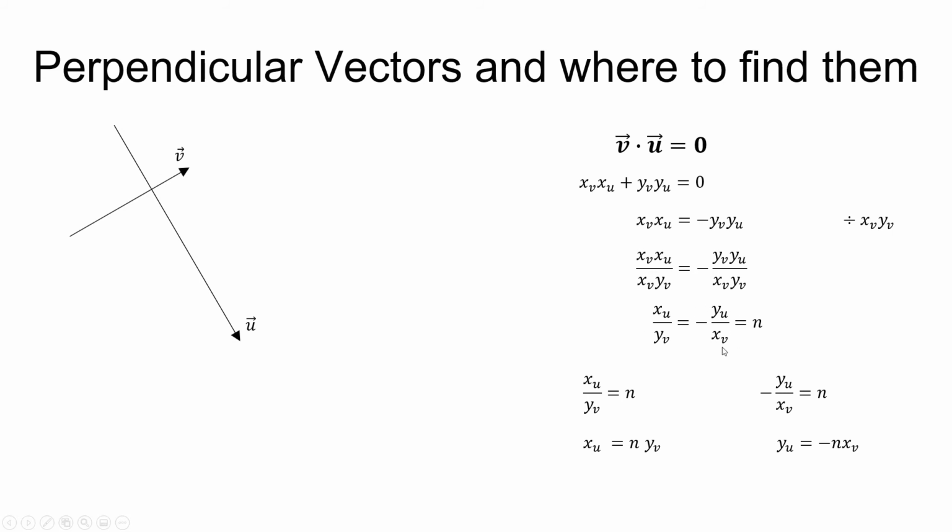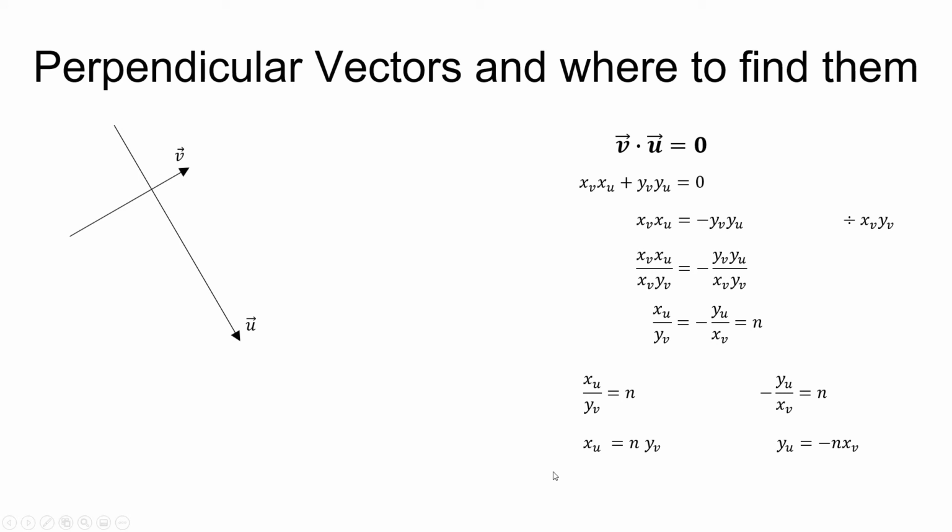At this point we introduce an additional number n, which is the proportion between these terms here, and we break this equation down into two equations, equation number 1 and equation number 2. From equation number 1 we get the final formula for xu, and from the second equation we get the formula for yu.